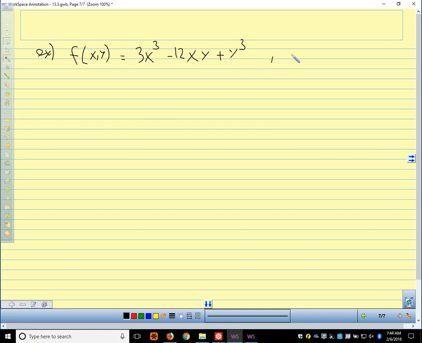And we want to find where f sub x and f sub y are both 0 simultaneously. All right, so based on what we just saw a little bit ago, what do you think is going to happen here?